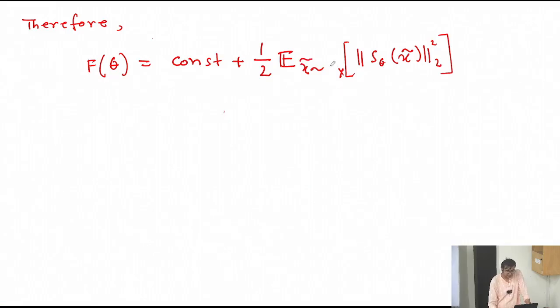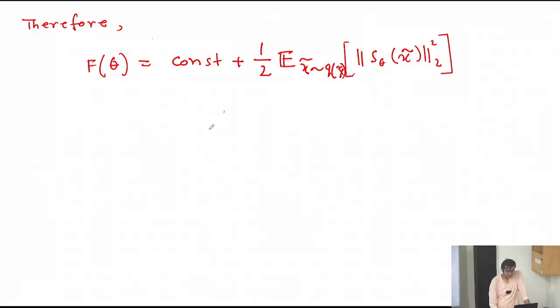X tilde you are sampling from, right? Okay. This is okay.